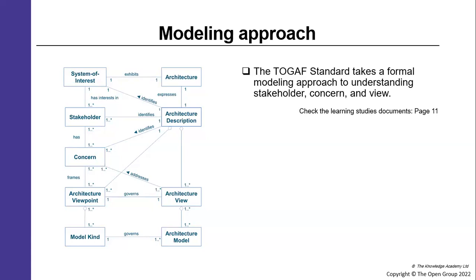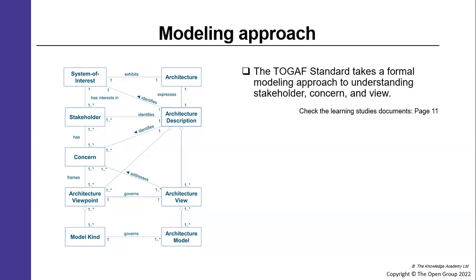So when the practitioner takes care of the stakeholders' concerns, he creates a view to communicate with the stakeholder based on their concerns. Whatever view he creates will address the concerns of the stakeholder. These things are interconnected with each other.